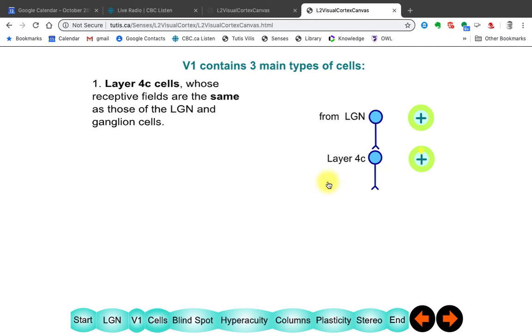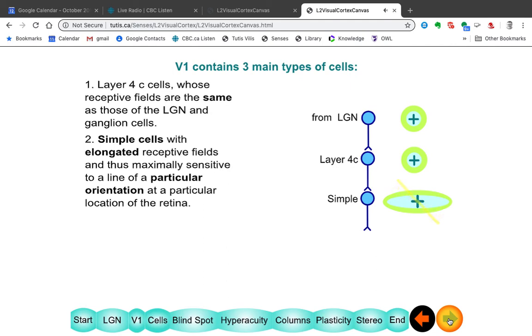And if a spot of light is inside the positive portion of this, then the cell will fire. If it's in the peripheral, the cell will be quiet. Okay, how from that do we get to simple cells?